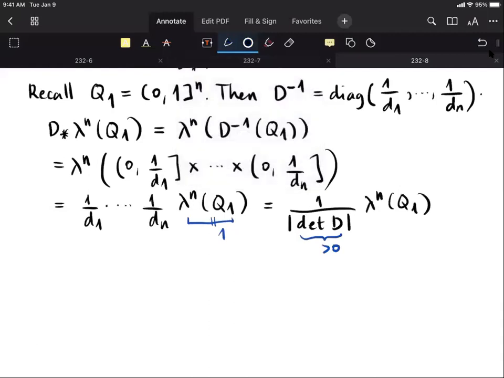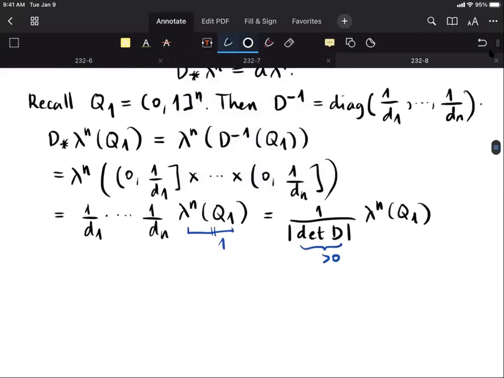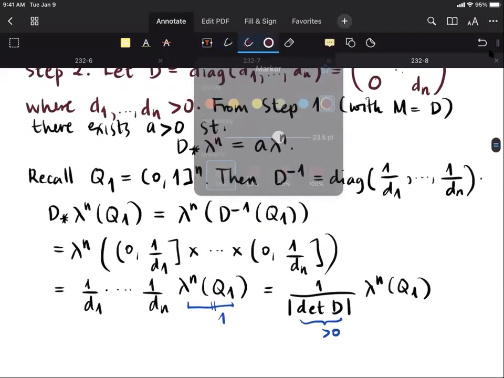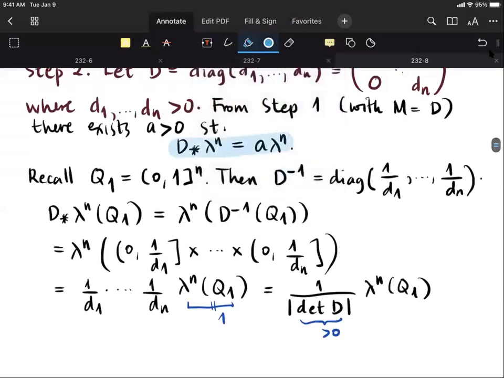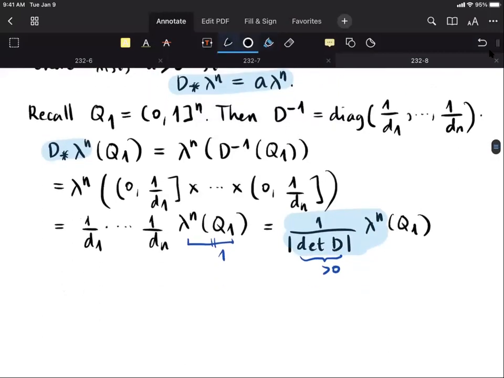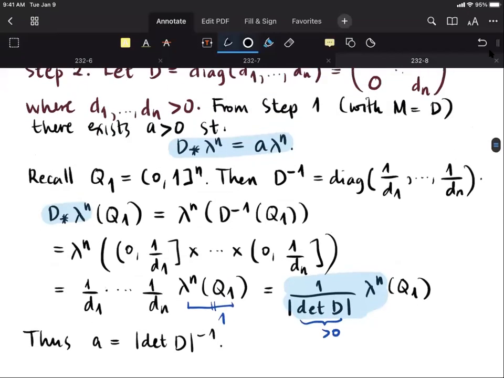Okay, so we know that this is equal, and we have established this equation. So comparing the coefficients, thus A must be the reciprocal of the determinant of D. And this is our claim in the case where M is a diagonal matrix having positive entries.